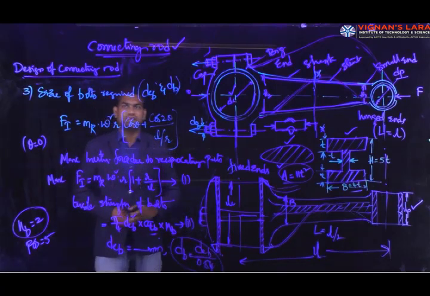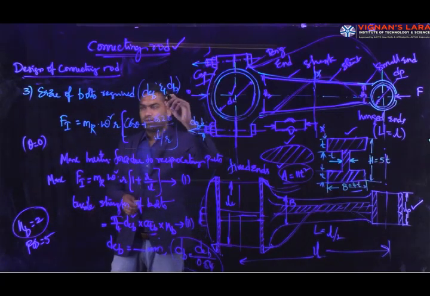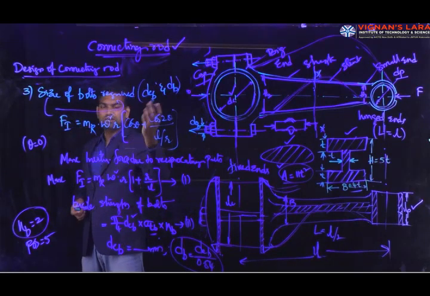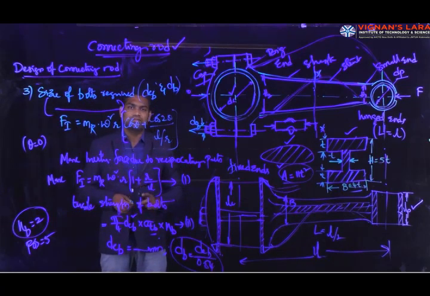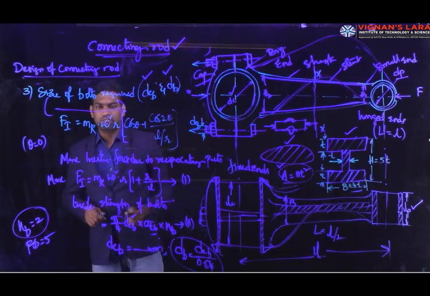This is the size of bolts we need to calculate to assemble the cap and the body. Here we need to write the statement that the bolts are subjected to tensile strength, and that should be equated to the maximum inertia forces due to the reciprocating parts with the piston at top dead center. Clear? By equating these two equations, we can calculate the dimensions of the bolts, that is the core diameter as well as the nominal diameter.